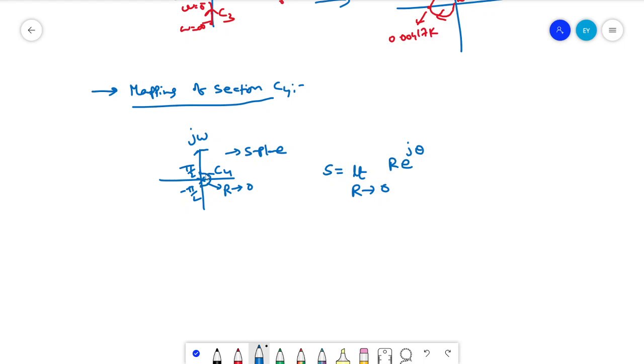Here the radius is 0 because it is just semi-encircling the origin. That's why the radius will be 0. Okay, so from equation 2, the general equation, we will substitute G of s itself. In this case, with r tending to 0, how will the time constant form be converted? Say, 1 by tau s plus 1 is there.